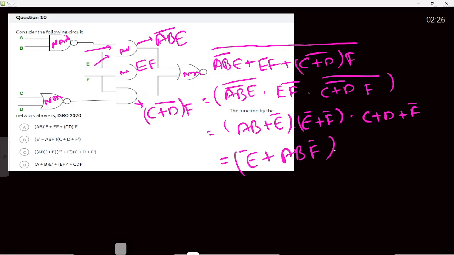This is one answer into C plus D plus F bar. So any option should be matching. So answer is B, which is 100% correct answer.